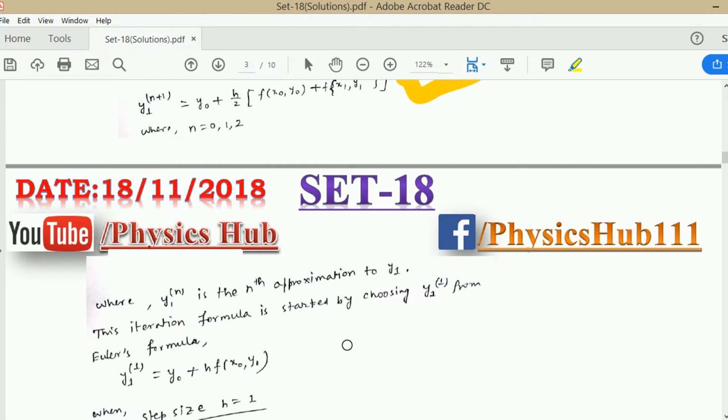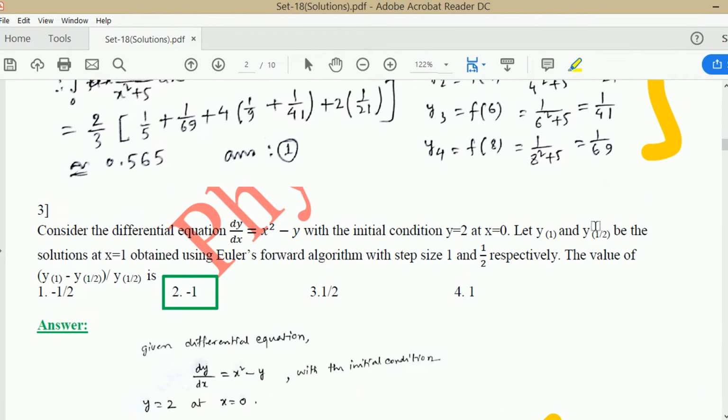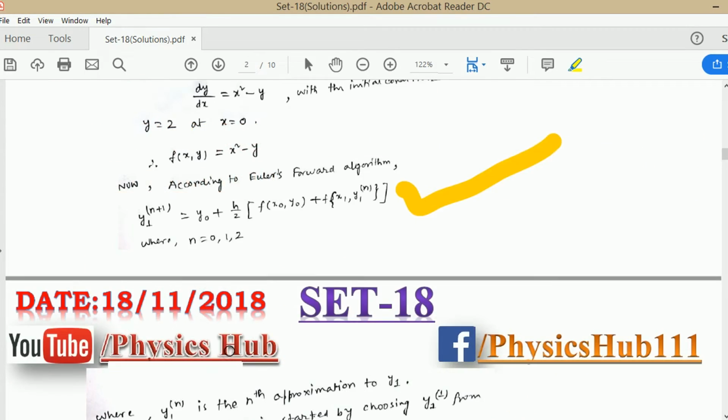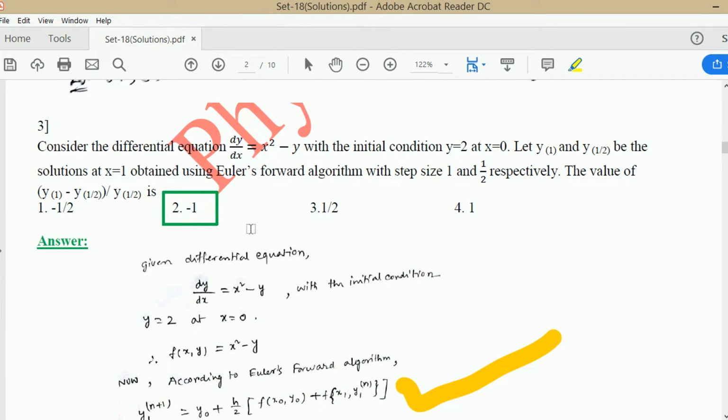So we have to calculate the value of y at x equal to 1 using step size 1 and half. First we are calculating with step size h equals 1. Then f of x0, y0 we find from dy/dx equals f of x, y, which is x square minus y.